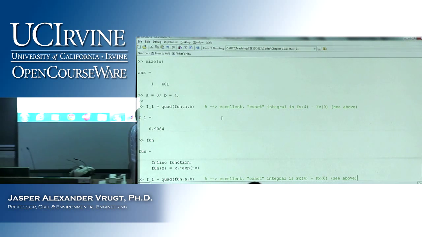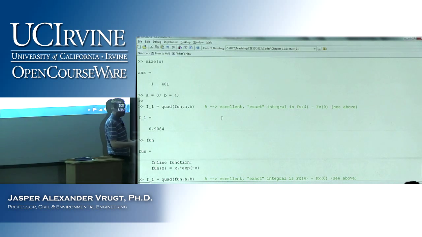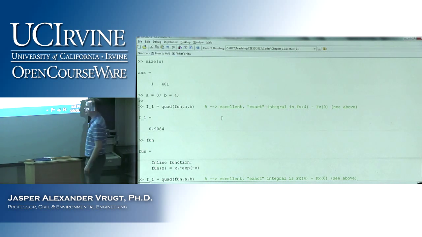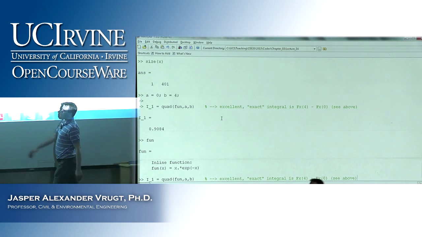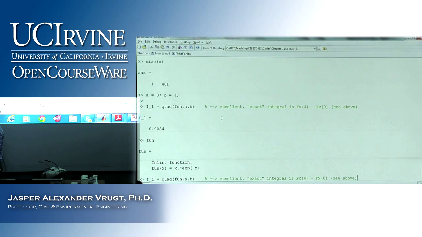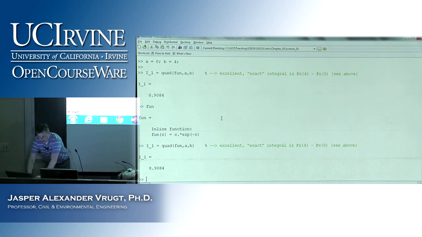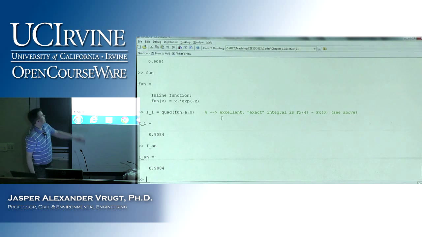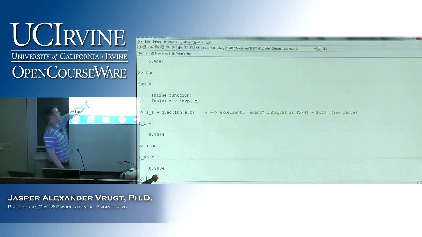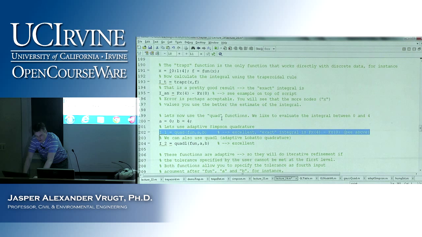With the trapezoidal rule, you need to specify the x values you are using and the corresponding function values. This adaptive Simpson's quadrature selects the location of x itself. So what you see here is 0.9084, which is almost perfect because the analytical result is 0.9084.